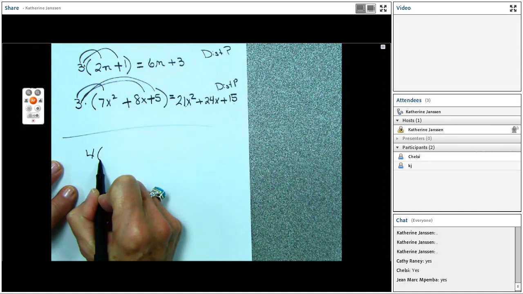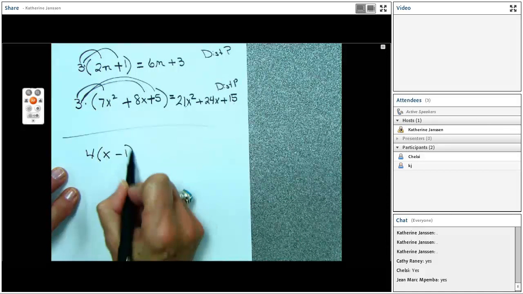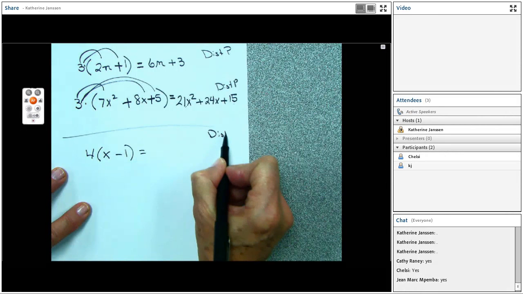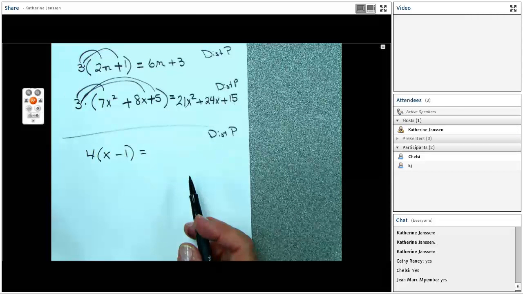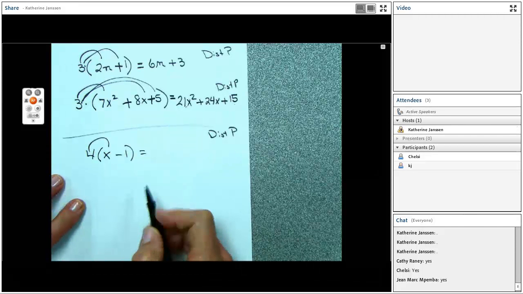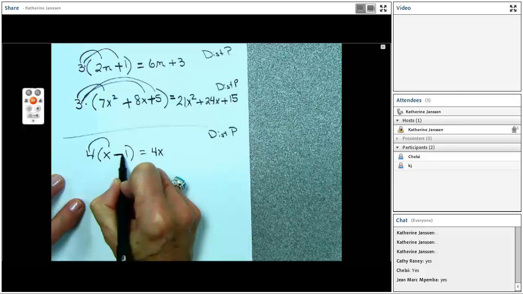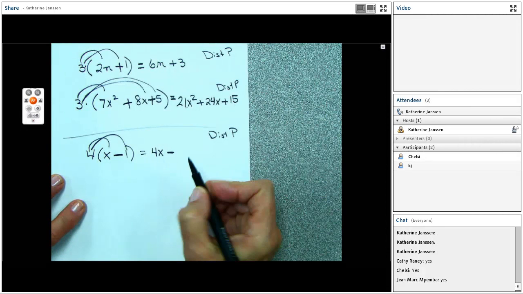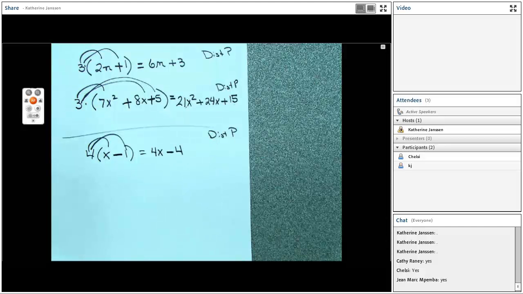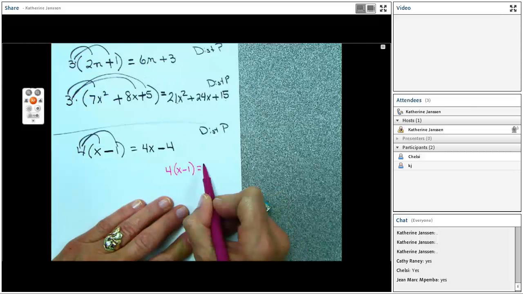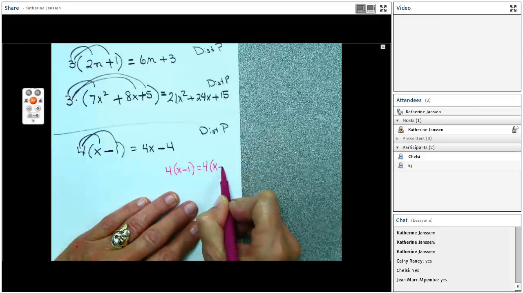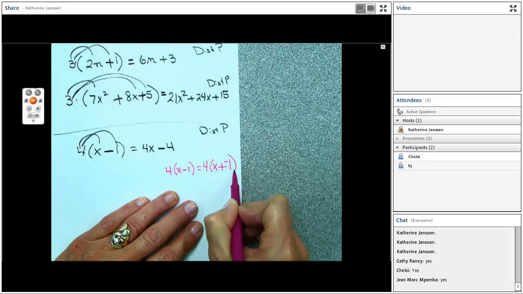And 4 times the quantity, x minus 1. That's our distributive property again. I have 4 times every term within those parentheses. 4 times the first term would be 4x. Pick up your sign and distribute 4 times the next term, which is 4. This again, if you work it out longhand, we have 4 times x, change subtraction to addition and add the opposite.